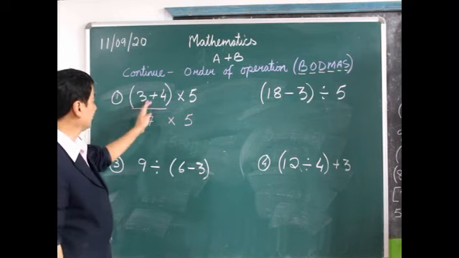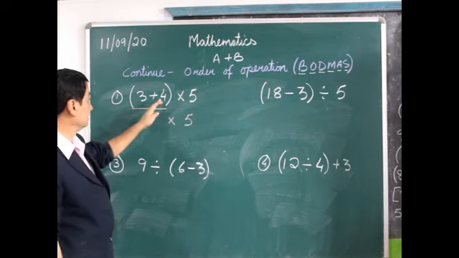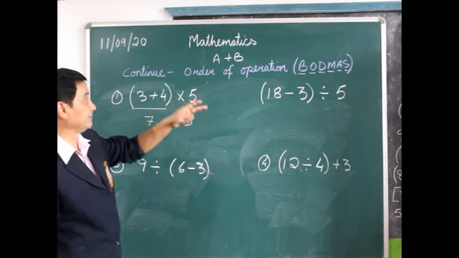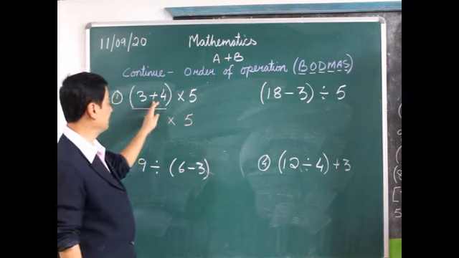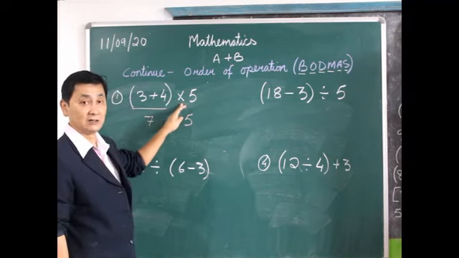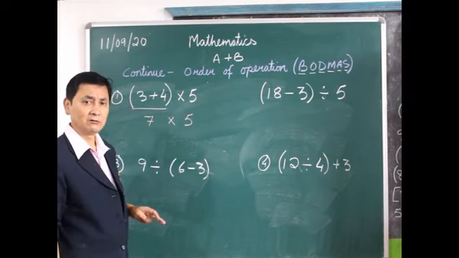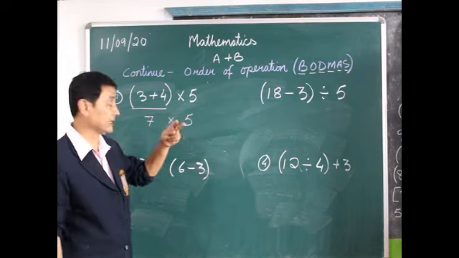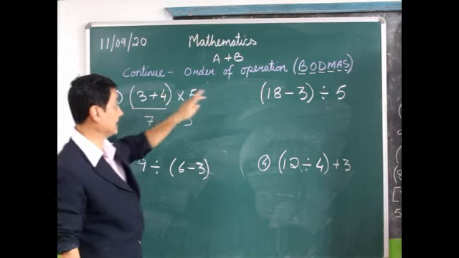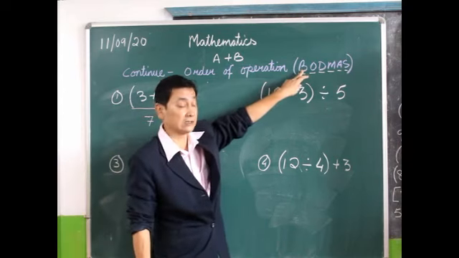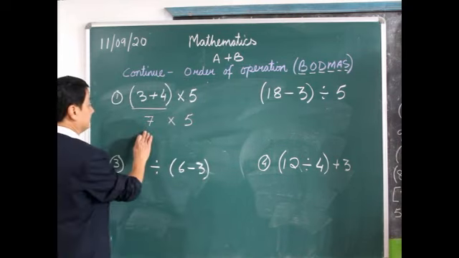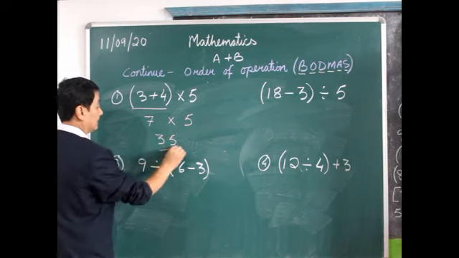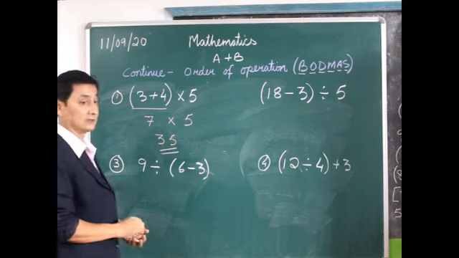You just add the numbers that are in brackets. Now you would be thinking, in what we were doing previously, there's plus, there's multiplication, we have to do multiplication first, no? But those are different types of sums. There were no brackets there. But here we have to do brackets, and in BODMAS, brackets come first. So 7 into 5, 35. And you got your answer.